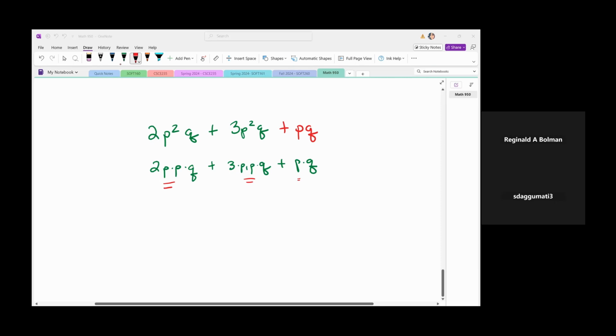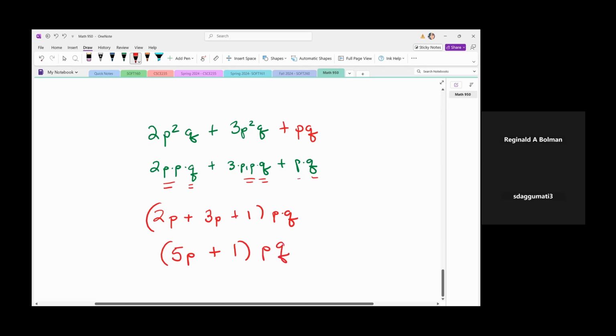So if you were to factor this, i.e. use distribution in reverse, I can only take a p out of everything, so I've got 2p and 3p. And while I can take a q out of everything, what would be left over is this 2p plus 3p term, or said another way, 5p plus 1, which was just hanging out and representing the fact that you had a pq here on the back end.